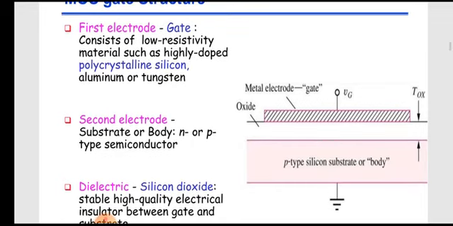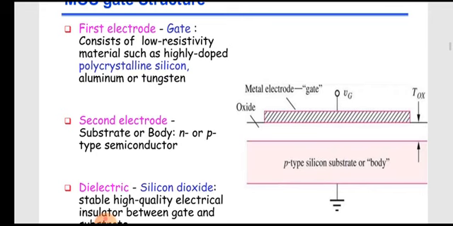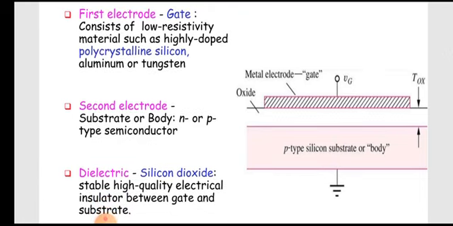VG is the gate voltage, where we apply some voltage so that we can study the effect of this gate voltage on the gate of the MOS structure, and TOX is the oxide thickness.